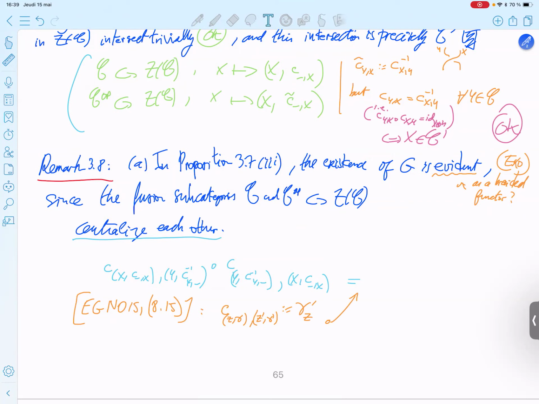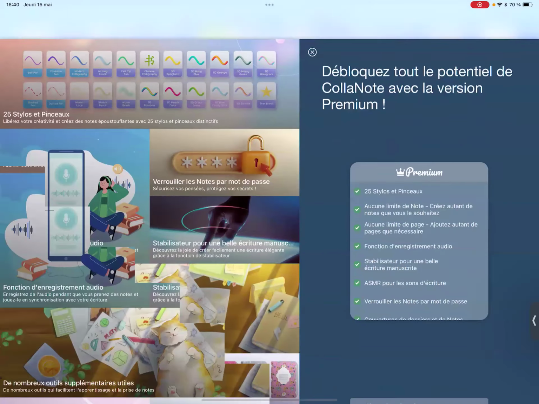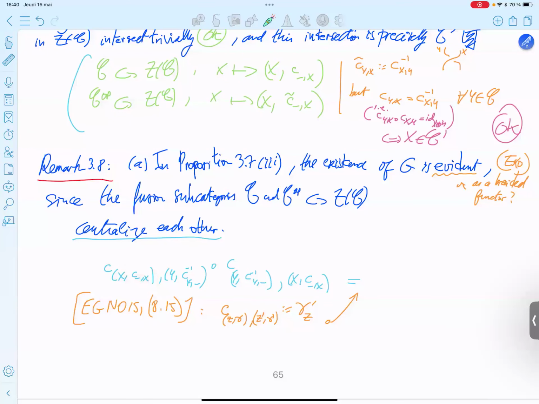Okay, so let me see. You have two things to consider, this one and this one. What you will write is always the second natural isomorphism applied to the first object.